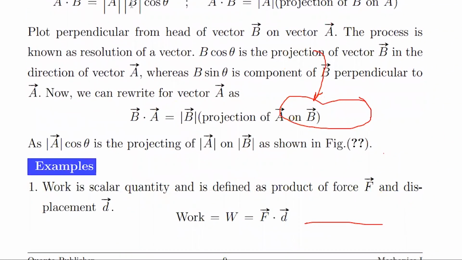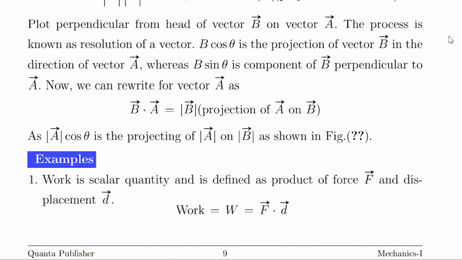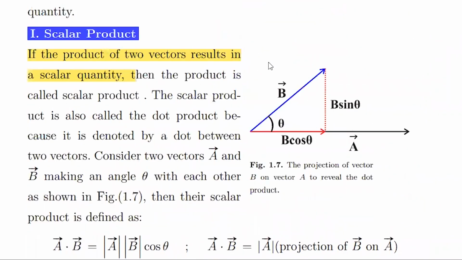Similarly, we can also rewrite it from B to A. If we want to multiply vector B with vector A, then again the same process is repeated. Now we will draw the projection of A on B, like this one. Sorry, here.